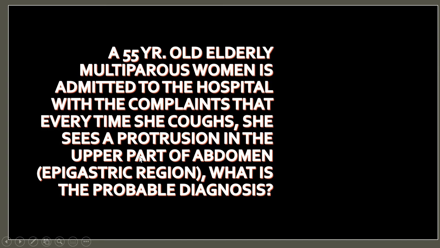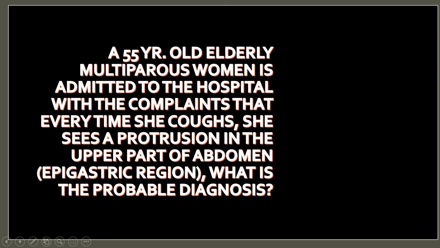As you can see, the upper part of the abdomen majorly consists of the rectus abdominis muscle, and we have also seen that the rectus abdominis muscle is very important for the flexion of the trunk, and also it protects against bowing of the abdominal wall. So it should be related to the muscle, and they say that every time she coughs, she sees a protrusion.